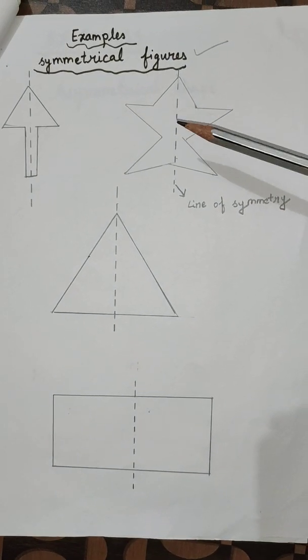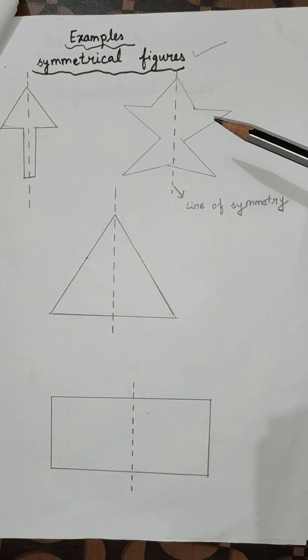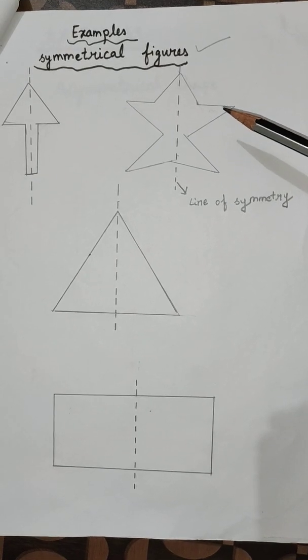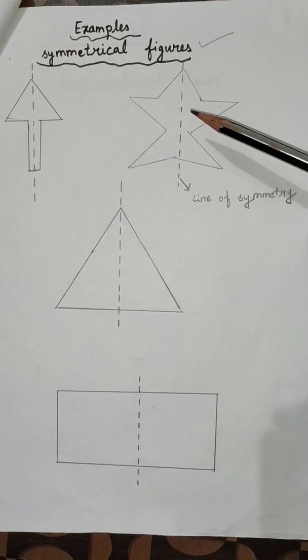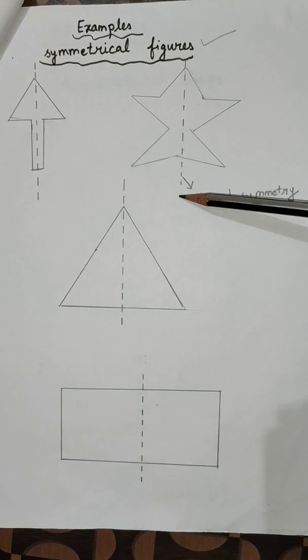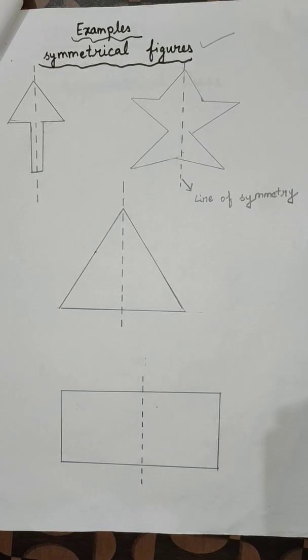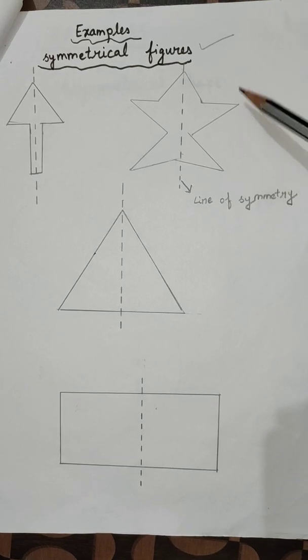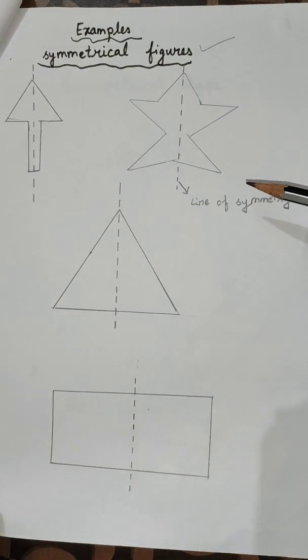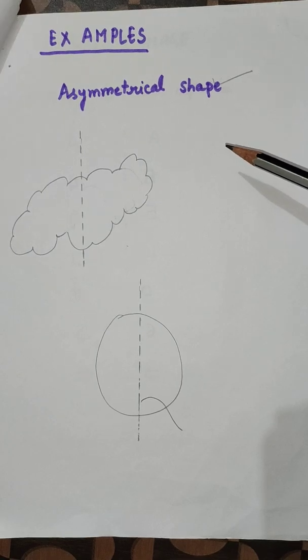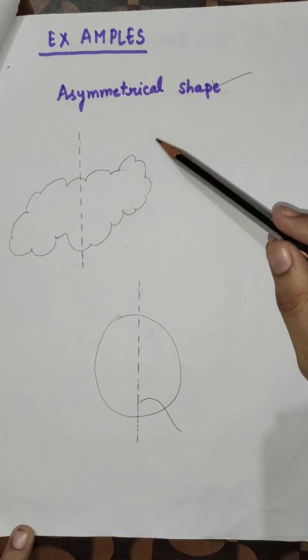If the question comes to draw one symmetrical and one asymmetrical figure, you have to draw any figure which is symmetrical with the line of symmetry and one asymmetrical figure with the line of symmetry. So these are examples of some symmetrical figures, and these are examples of some asymmetrical figures.